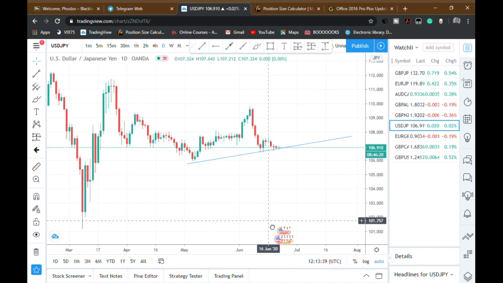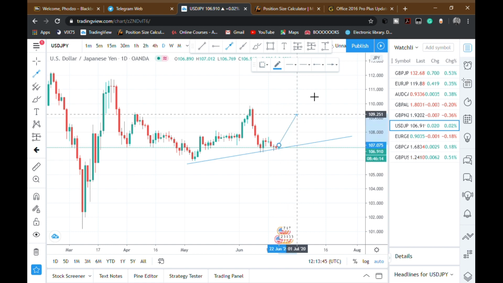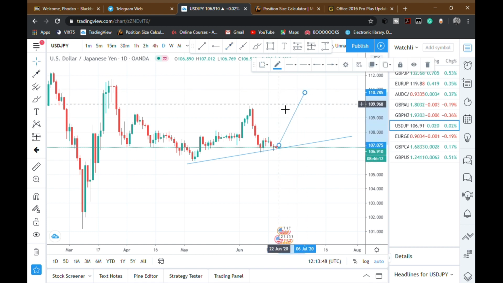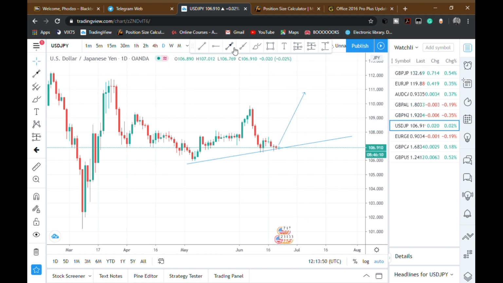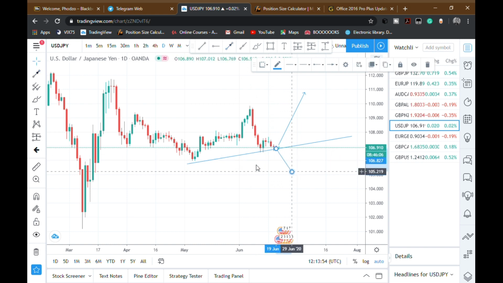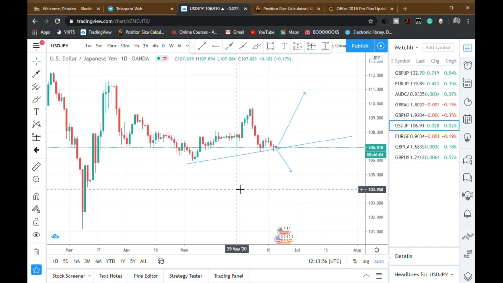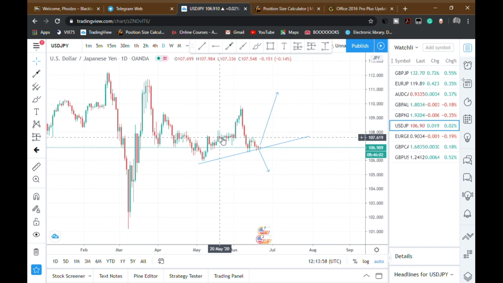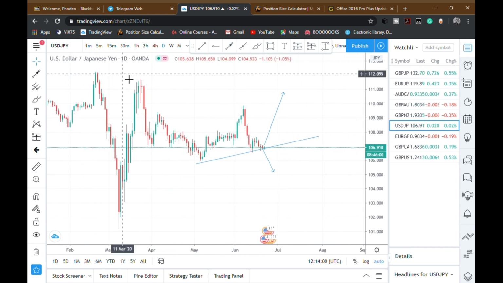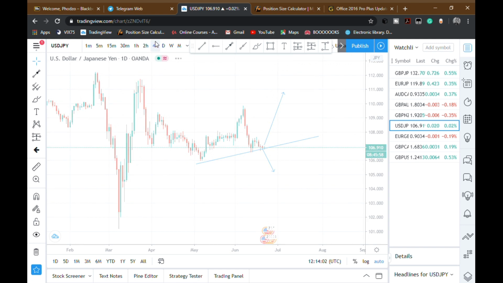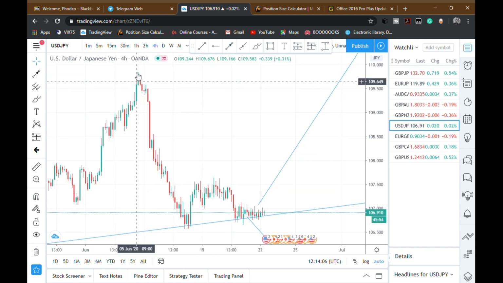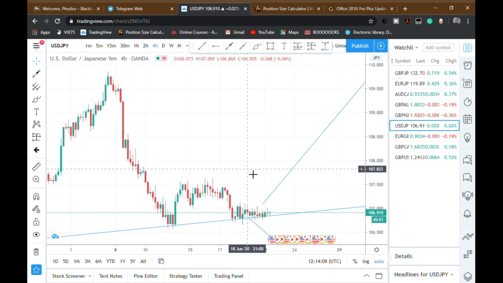It might do a double top right here. You can see this double top here. It might go up or it might go down. So for this one, I don't have a take for now on USD, and you can see on lower time frame there's just a lot of noise.